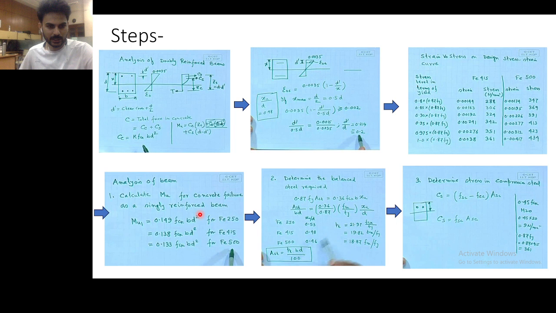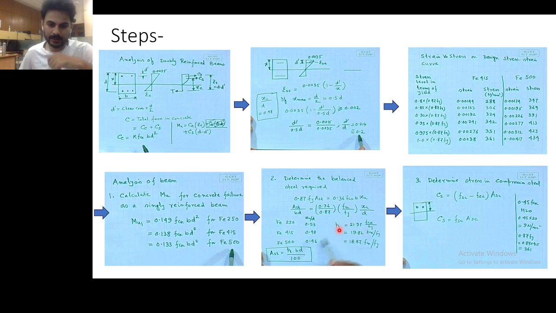Also, we know that Mu limiting we can calculate by these formulas for the different grades, and then we can calculate the balanced steel requirement. For that also there is a direct formula for pt, and you can directly remember it. For Fe250 it is 21.91, for Fe415 it is 19.81, and for Fe500 it is 18.87, times fck by fy.